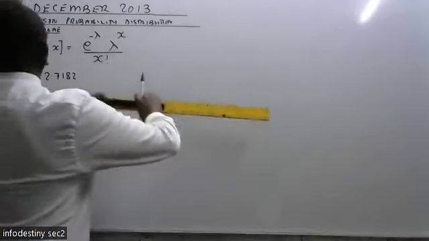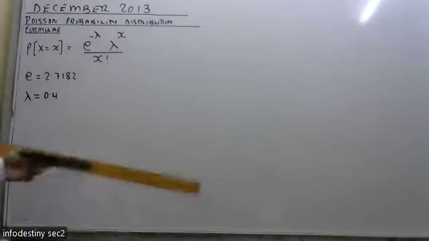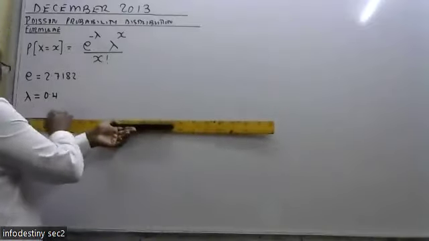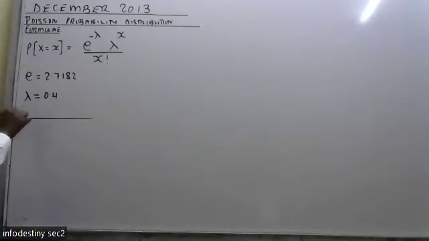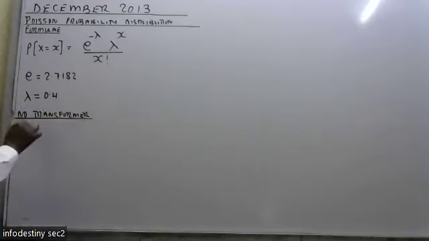So it is also good you identify lambda. Lambda in this question, that is the average. We are told it is 0.4. So when they say the probability that no transformer, we are exactly saying that X is what? 0. Good.